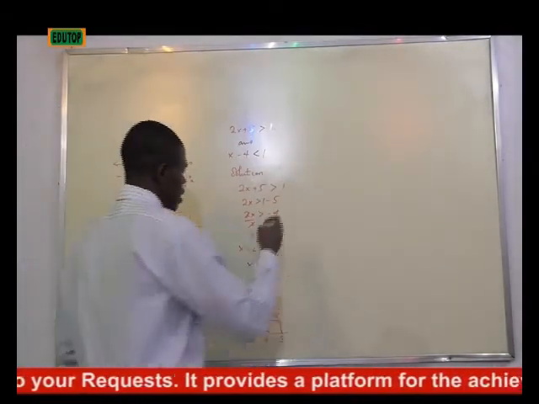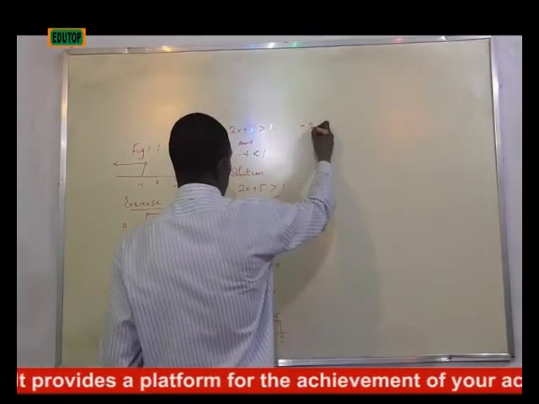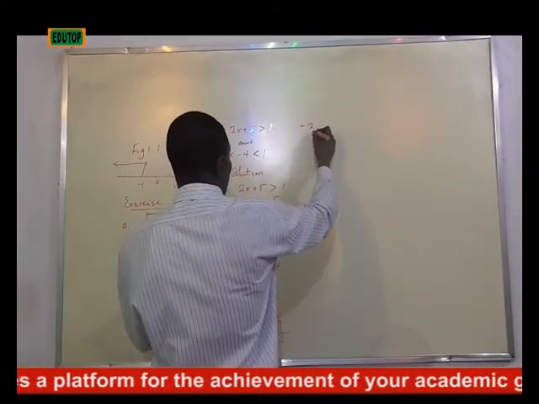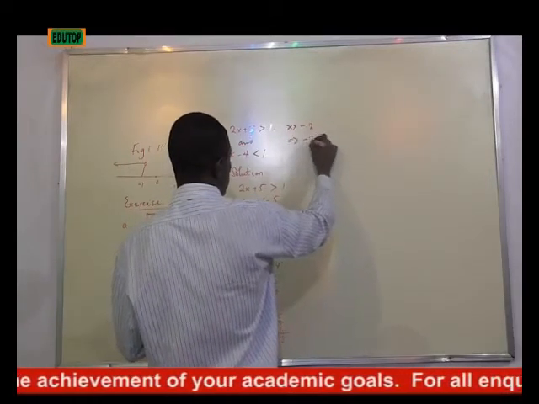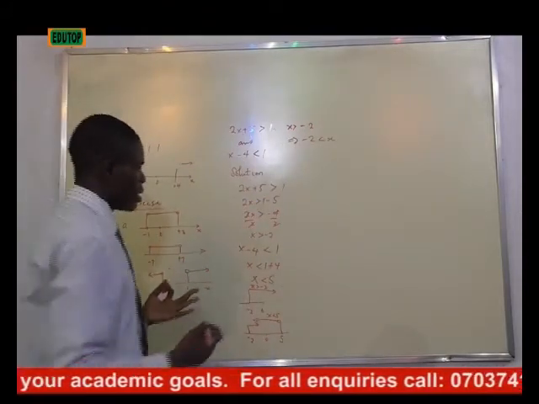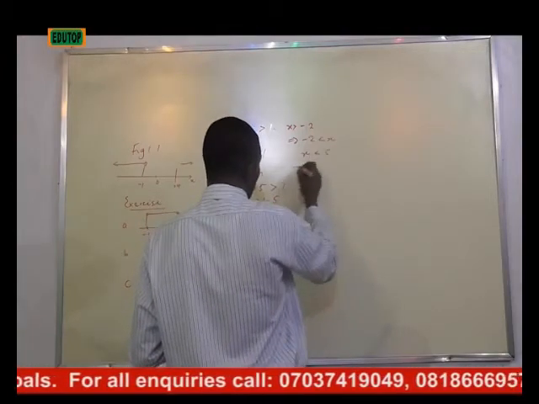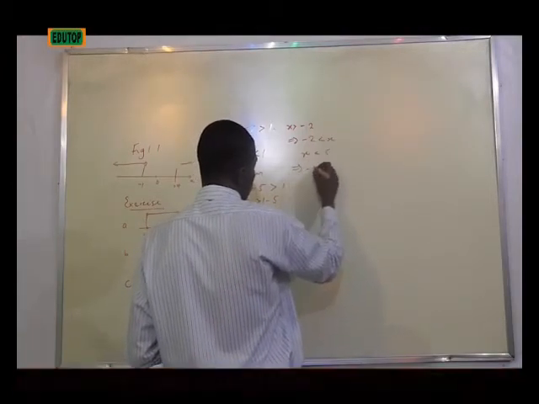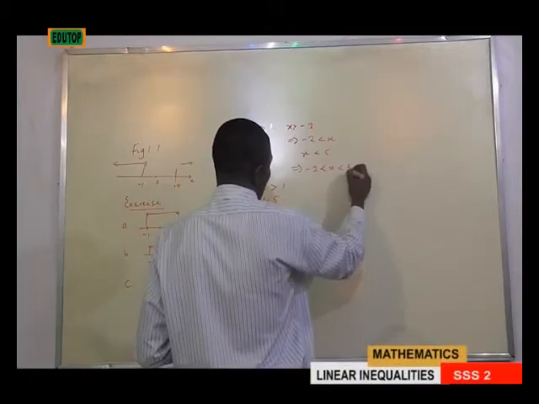And since they have a link, then it will definitely be minus 2, because x is greater than minus 2 implies that minus 2 is less than x. It can be written that way. Then the second one, x is less than 5. So what is connecting both can now be minus 2 less than x less than 5.